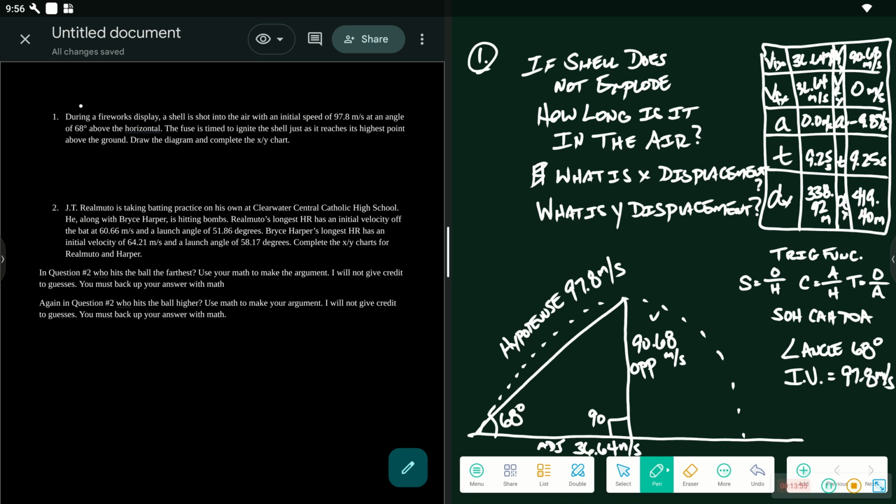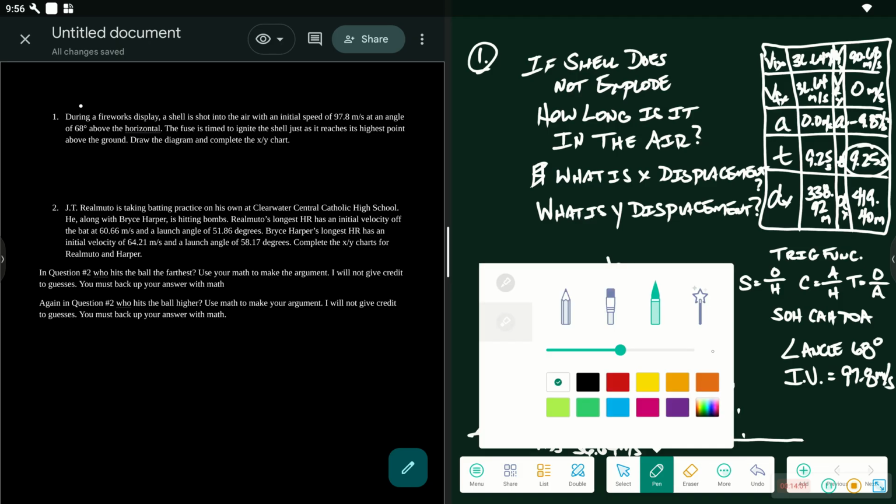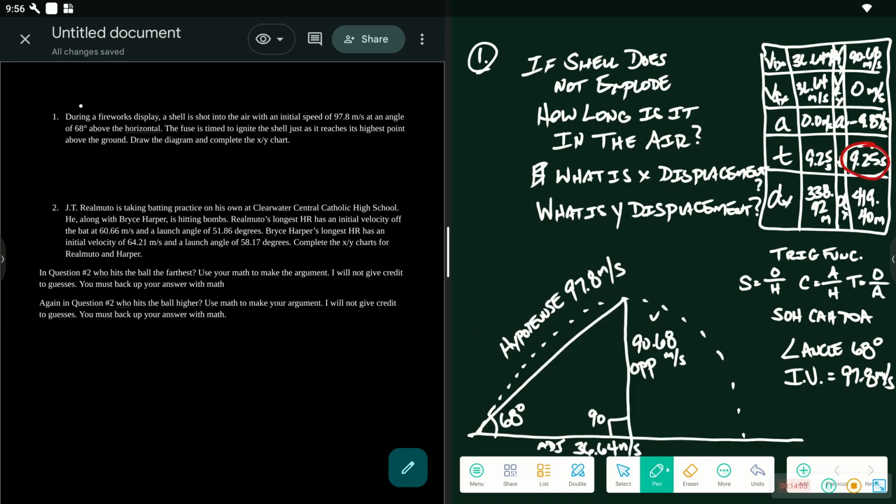Well, you know that to go up to its highest point is 9.25 seconds.